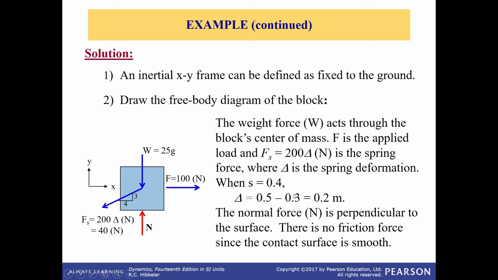So 200 times 0.2 will give you 40 newton. Alright, so you have solved the free body diagram. It is also mentioned there is no friction force, because the contact surface is smooth.